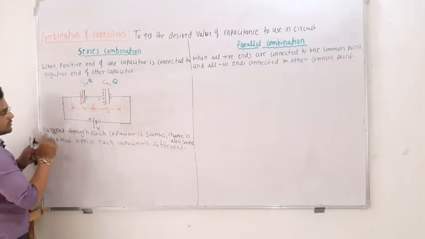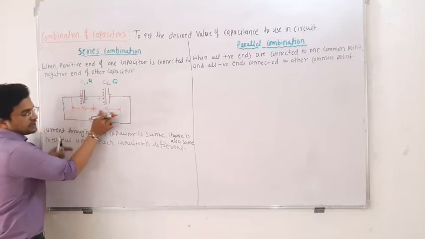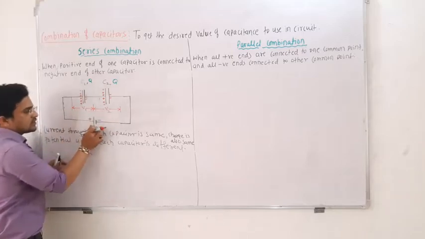Now if you measure this V1 and V2 and add them, you will automatically get V.